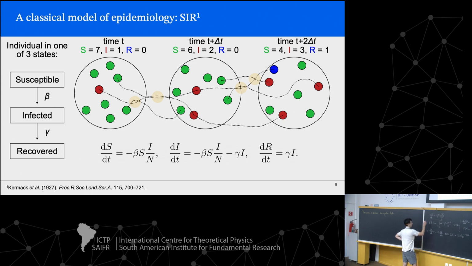Another thing we get, if I now look at the R equation, the one for the recovered individuals, I have dR over dt equal to gamma I, right? So let's massage the equations a little bit to make this ratio appear.